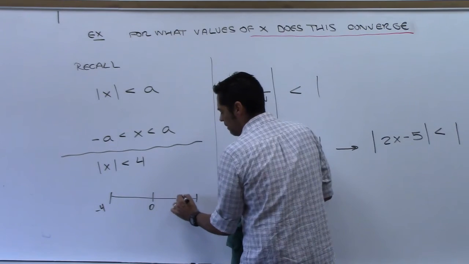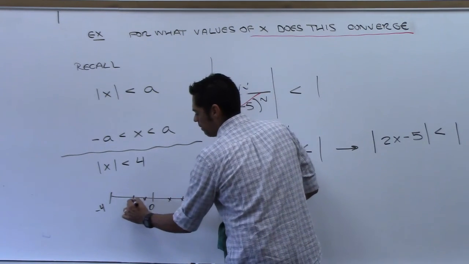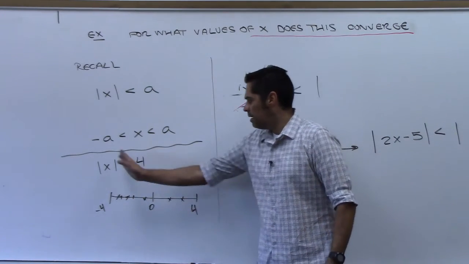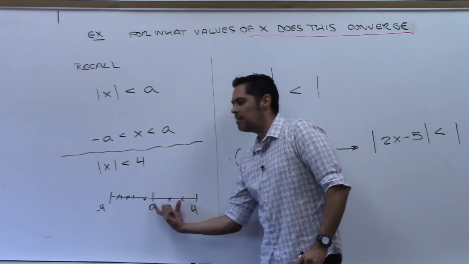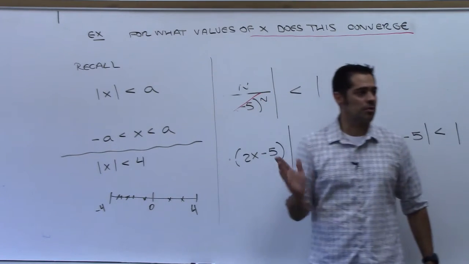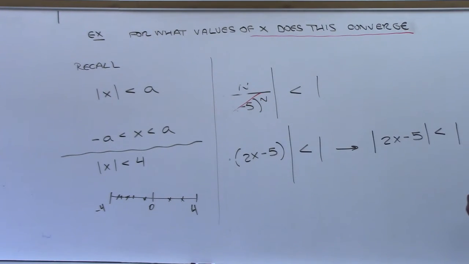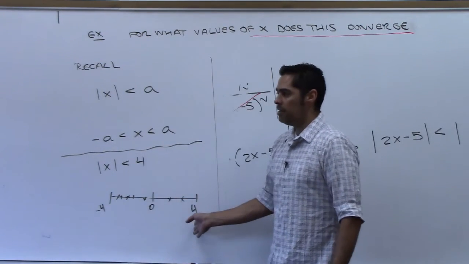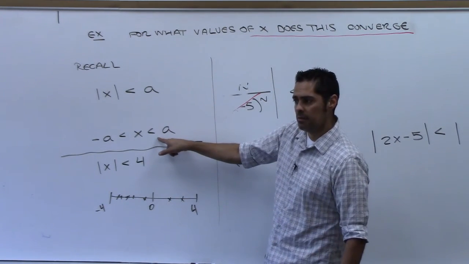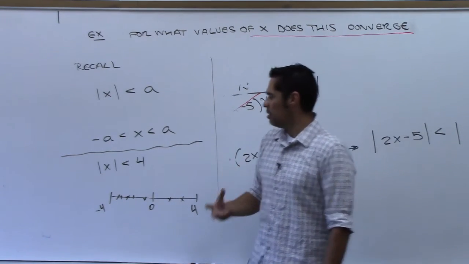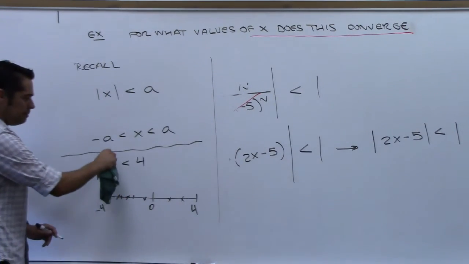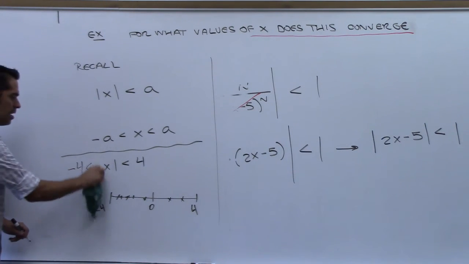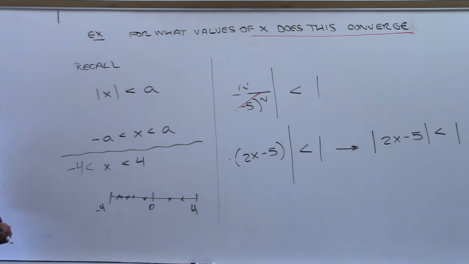My x has to come from anywhere in here, so that the distance between x and the origin, that absolute value, is smaller than 4. So I can be on either side of 0, but that's the same as saying that x has to be between negative 4 and positive 4. So what you essentially do is drop the absolute value and insert the opposite on the other side. Do you see that? That's what you do.